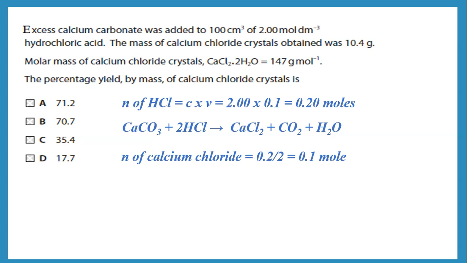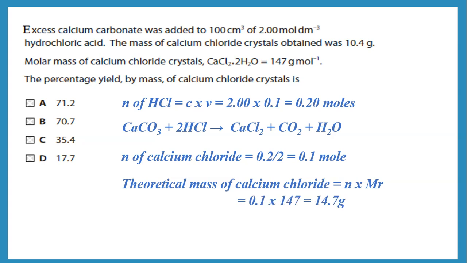So now I know number of moles of calcium chloride is 0.1 mole. What are we asked to get? We're asked to get the mass. How do I get mass? Mass is number of moles times MR. I multiply the number of moles we got by the MR given. That says I should have obtained 14.7 grams.